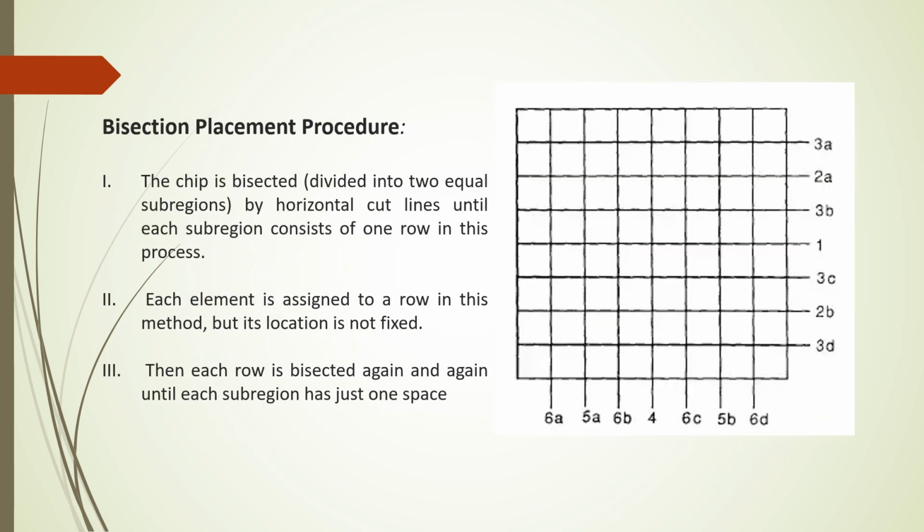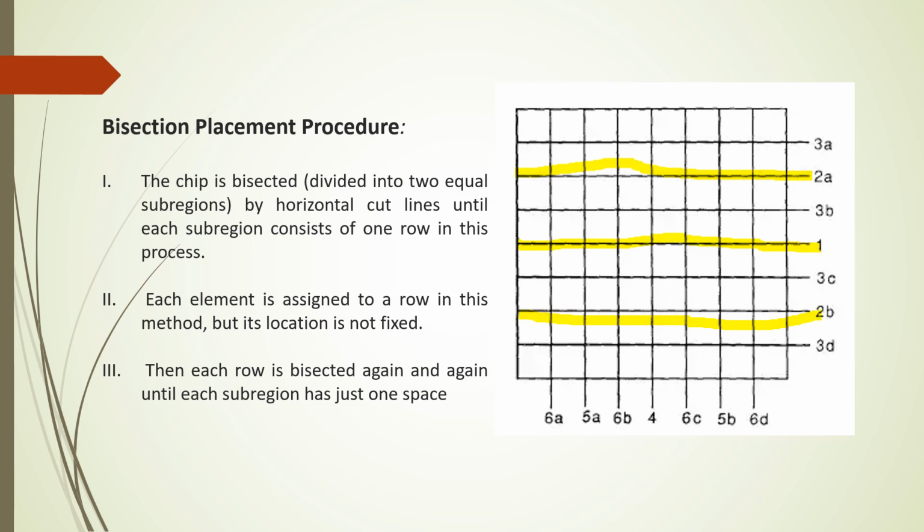Coming to the bisection placement procedure, in which again you have the first one line, that is 1. Then we have two further bisections like 2A and 2B, equal lines.